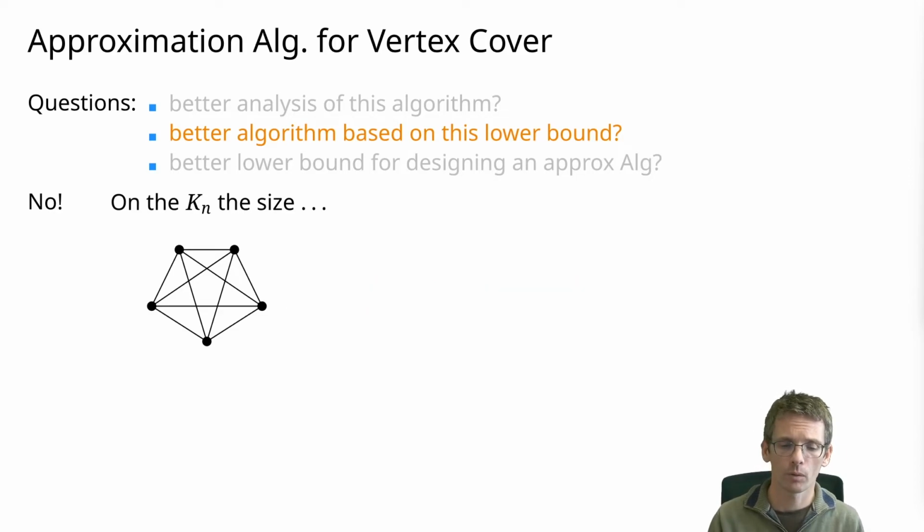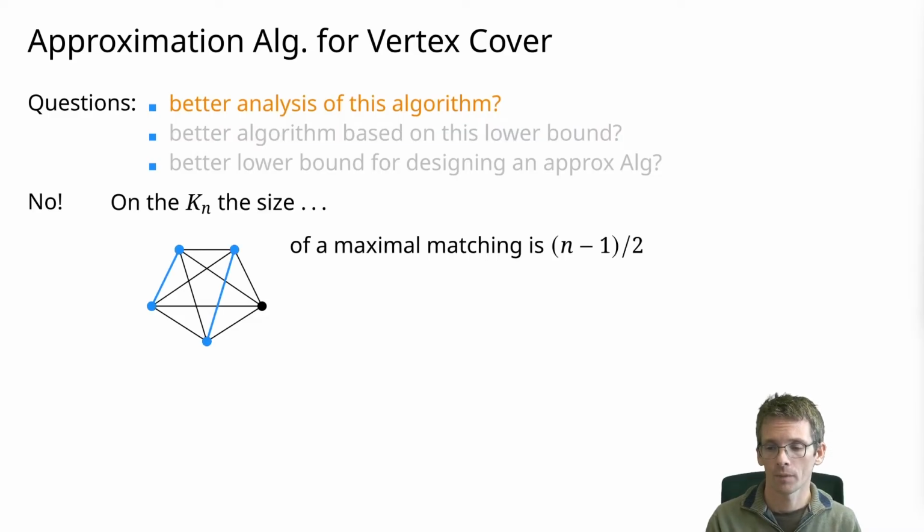So if you take the complete graph on n vertices, the maximum matching, when n is odd, will have size (n minus 1) over 2, because I can essentially pair up the vertices, and one will stay, since n was odd. In contrast, a minimal vertex cover will have size n minus 1.